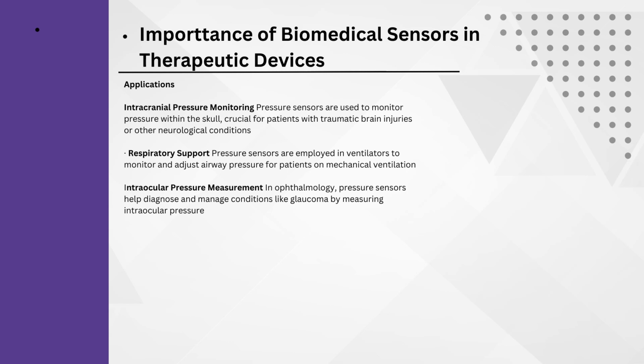Respiratory support. Pressure sensors are employed in ventilators to monitor and adjust airway pressure for patients on mechanical ventilation. Intraocular pressure measurement. In ophthalmology, pressure sensors help diagnose and manage conditions like glaucoma by measuring intraocular pressure.